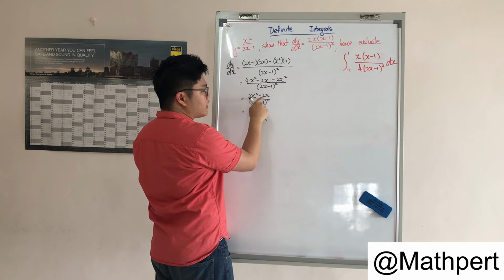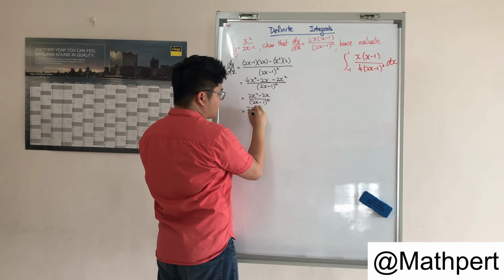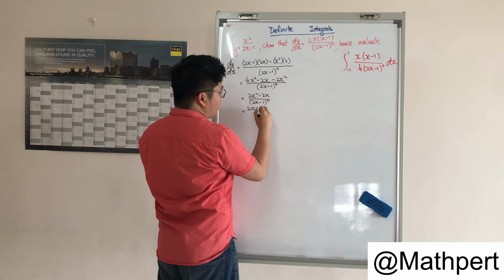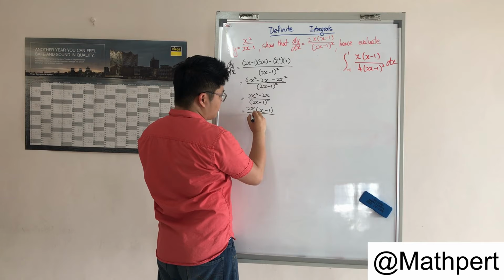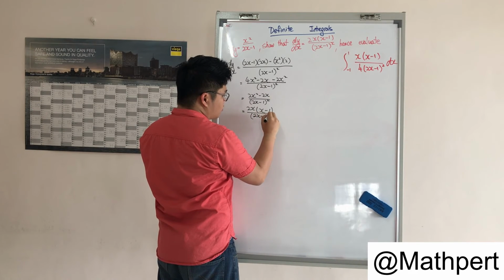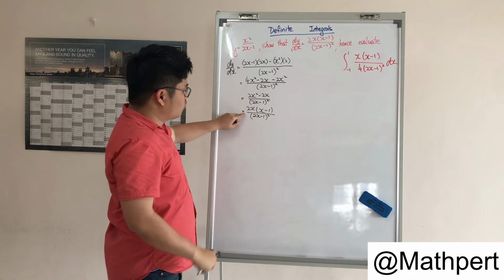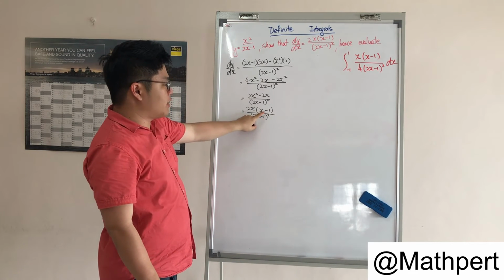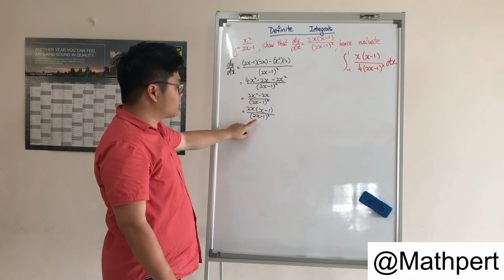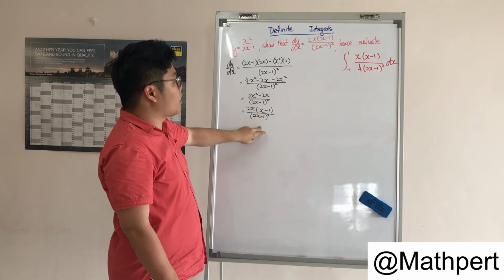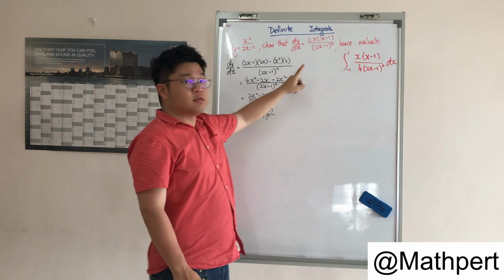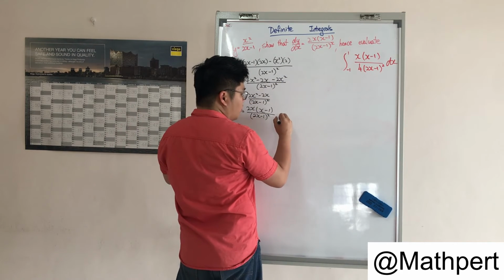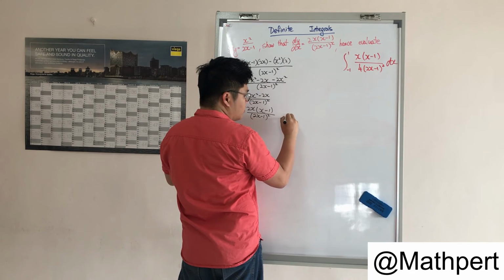Then here we take out the 2x, and the term x minus 1. So 2x multiplied by (x minus 1) over (2x minus 1) squared. Same as this. Right? So proven.